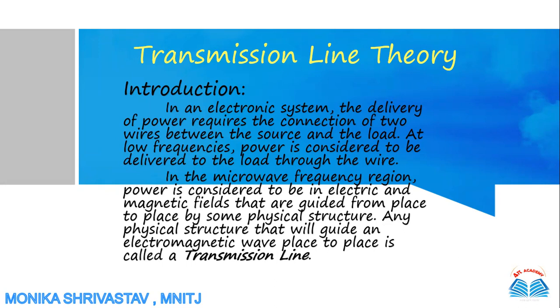So for any electrical system to work, or any information to be delivered from one place to another, we need wires, some connection between the source and the object: the receiver and the producer are the two main things.